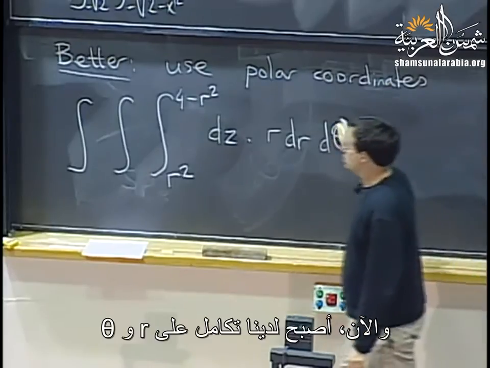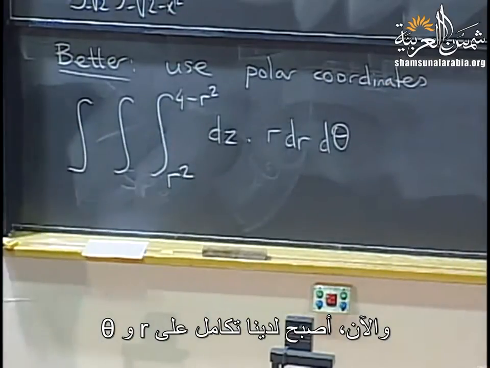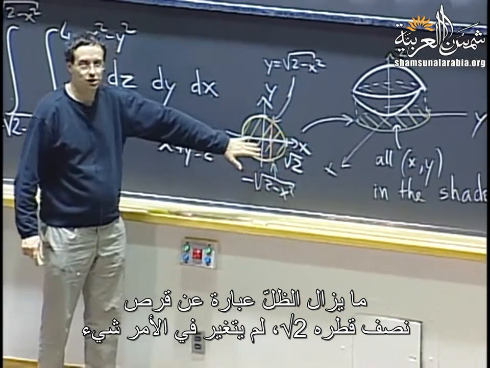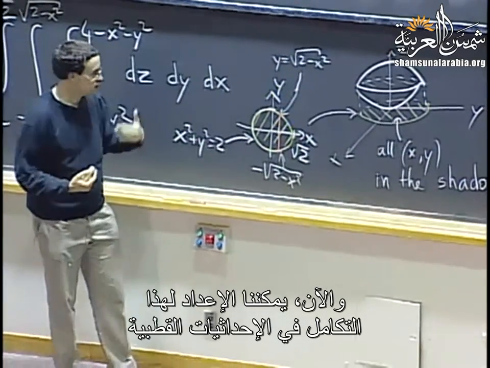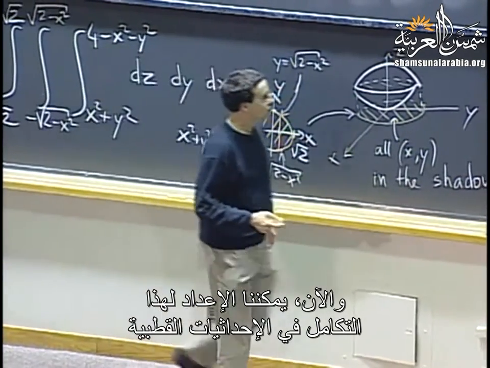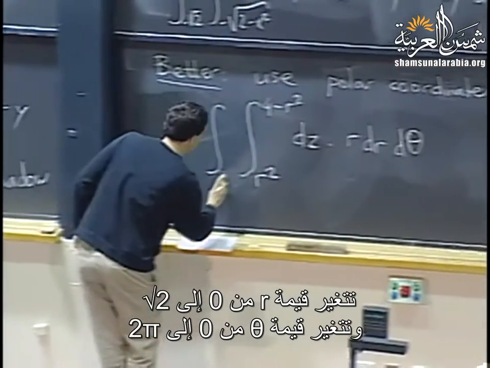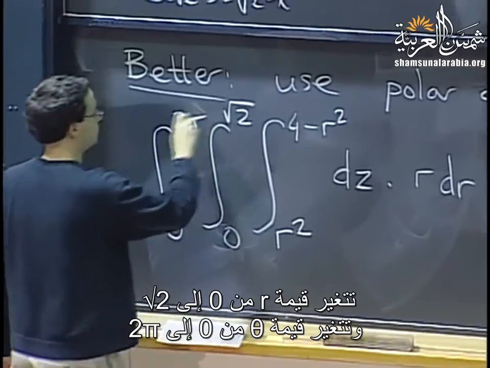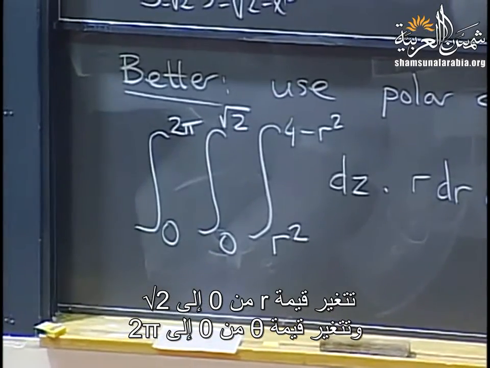And now the integral that we have to do over r and theta, well, we look again at the shadow. The shadow is still a disk of radius √2 that hasn't changed. And now we know how to set up this integral in polar coordinates. R goes from 0 to √2, and theta goes from 0 to 2 pi. Okay?